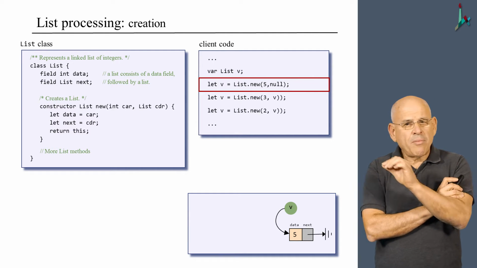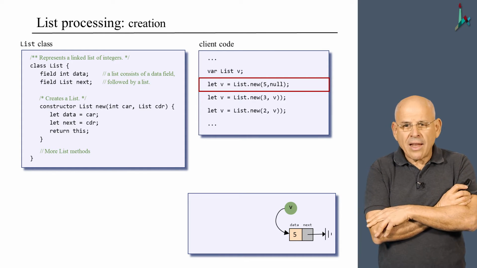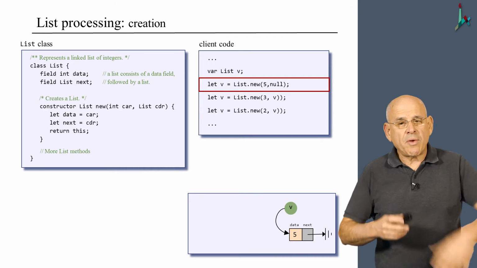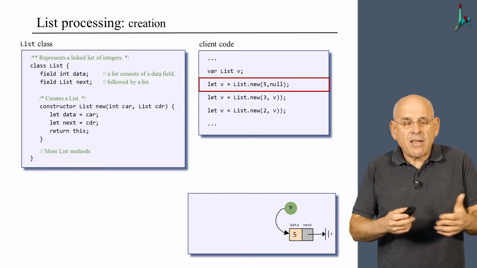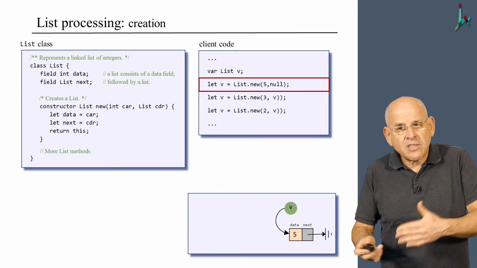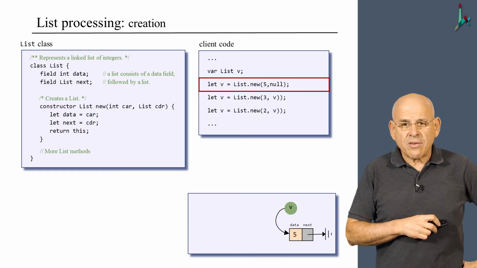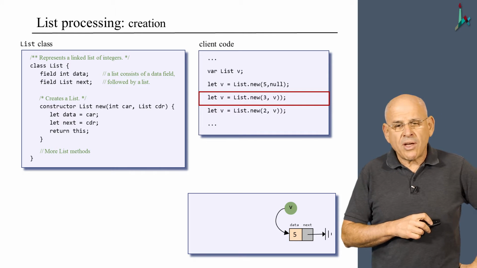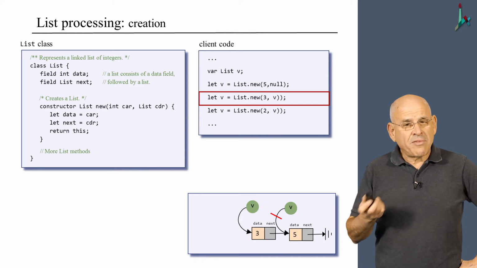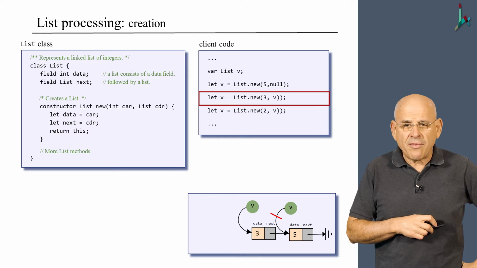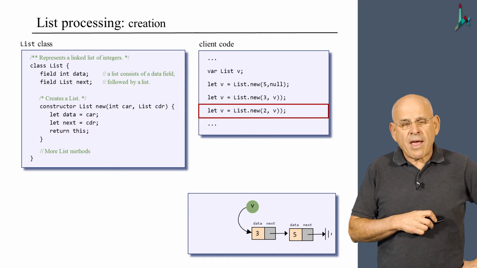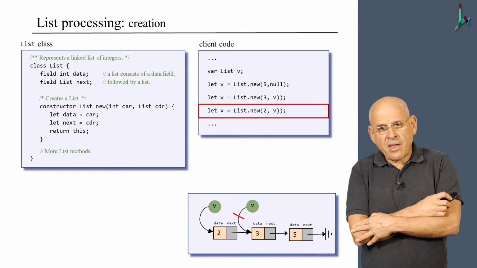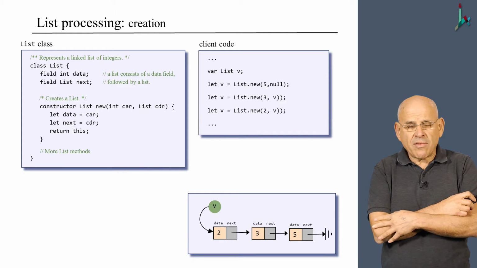And notice that we use this terminator icon to describe null. And v is going to point to the base address of the object that was returned by the constructor. Essentially, we say v equals this, if you think about it, because this was the return value of the constructor. And then the next command, if you think about it for a few seconds, will accomplish this thing. And by now, the previous version of v is no longer relevant. And so the next command will do exactly the same, and the previous value of v is irrelevant, and that's the end of the story.